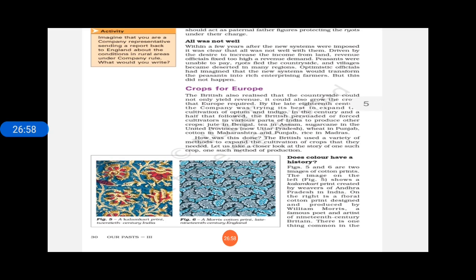Then, very carefully seeing the crop production of the farmers, the revenue was decided by the financial minister in the Mansabdari system. The same 2 steps are followed here also. So assessment of the land and then collection of the revenue depending upon the crop production.